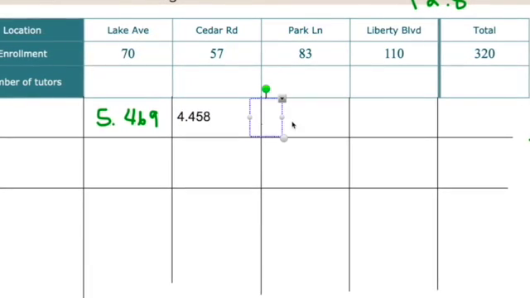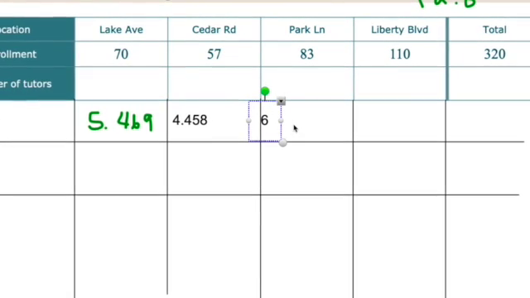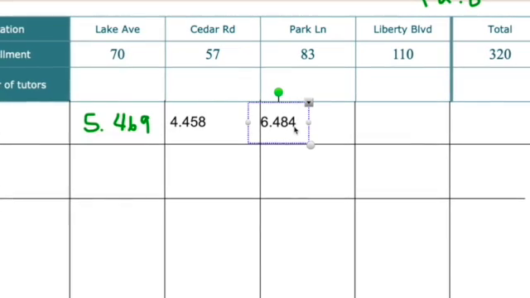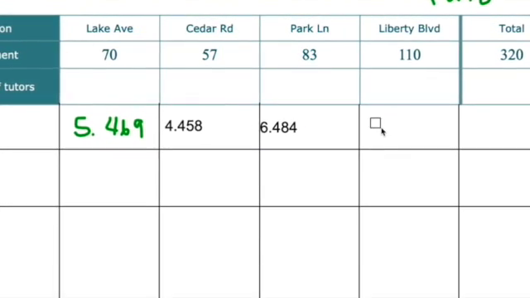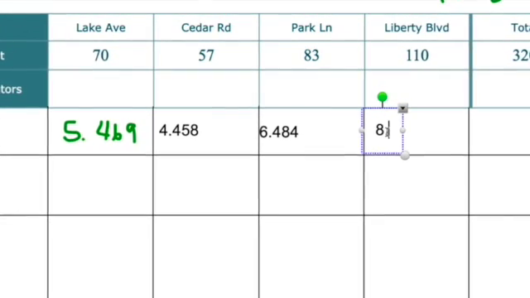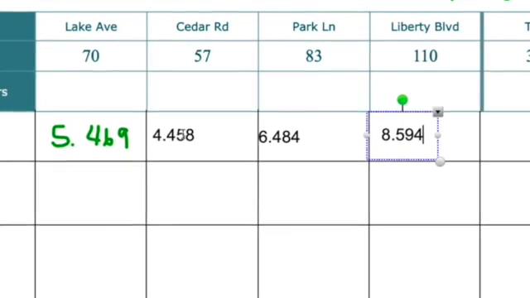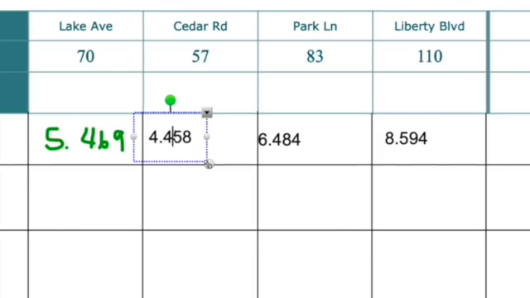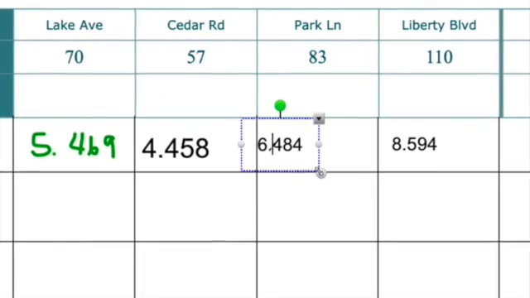When I divide 83, I get 6.484. When I divide 110, I get 8.594. Check me out and see if you got something different. I hope that you did not. I'm going to make these a little bit bigger so you can see them.